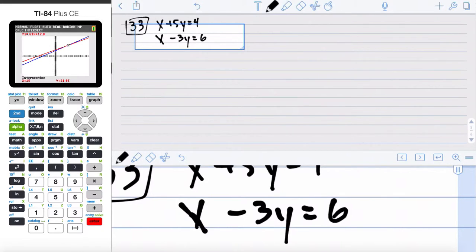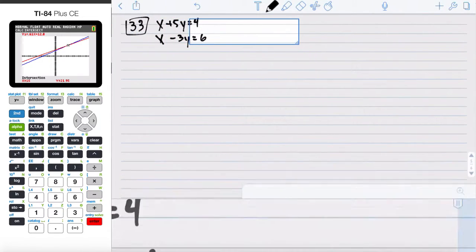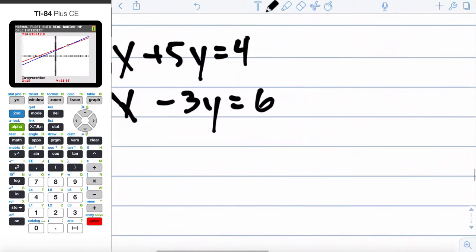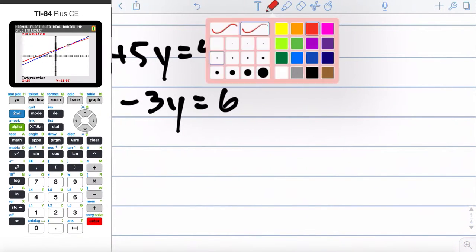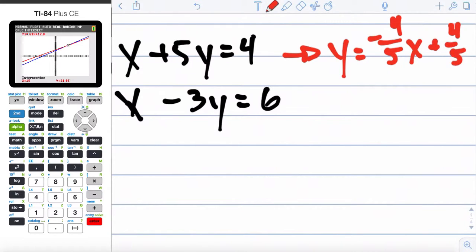All right, so x plus 5y. If I want to look at the graphs, I'll just write y, get y by itself. So that is y is equal to negative 4/5 x plus 4/5, and that's y is equal to 1/3 x minus 2.